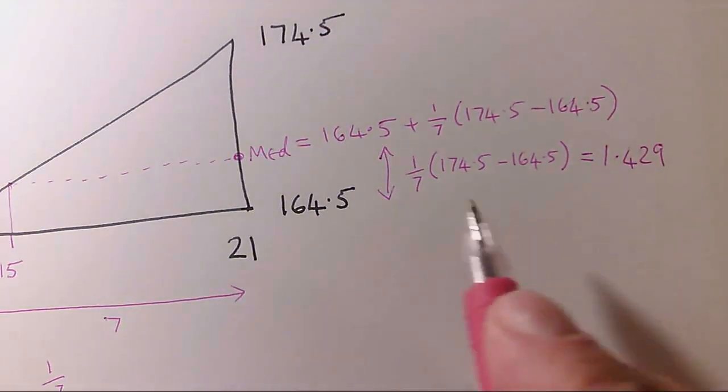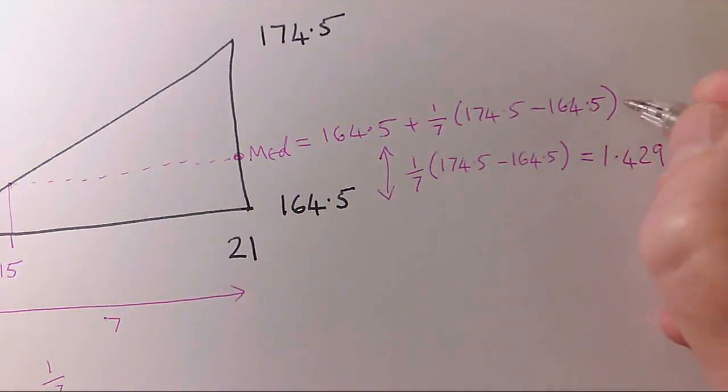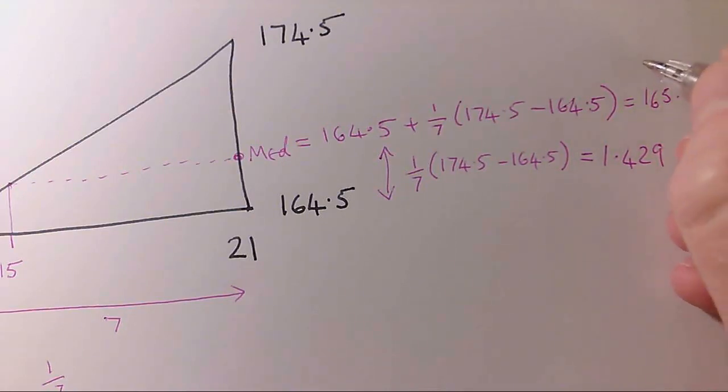In the end I'm going to be doing 164.5 plus 1.429, which is going to give me 165.929. Now that's probably a stupid amount of accuracy. We'd probably give this correct to either 3 significant figures or maybe 1 decimal place. So you'd give your answer either as 166, or if you really want to give lots of accuracy, 165.9 centimeters. Okay, but we're home. That's our estimate of the median.